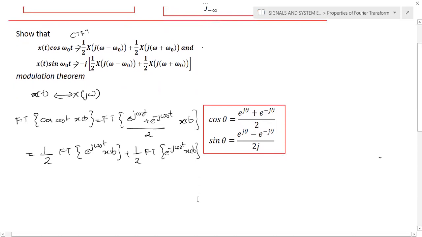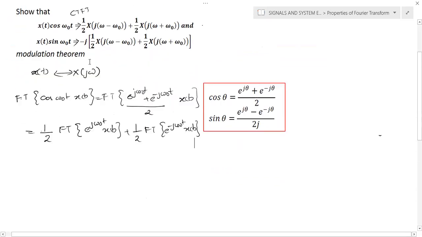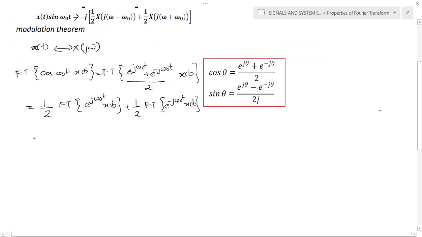By applying the property, we know that the transform of e raised to j omega 0 t into x of t is x of j omega minus omega 0. So that's the frequency shifting property. If you apply the frequency shifting property, the transform of x of t is x of j omega, and we can write x of j omega minus omega 0 in the first case.